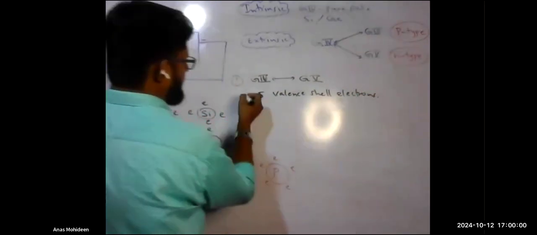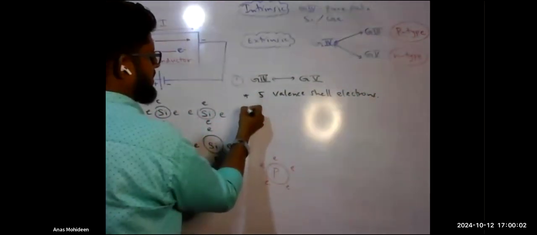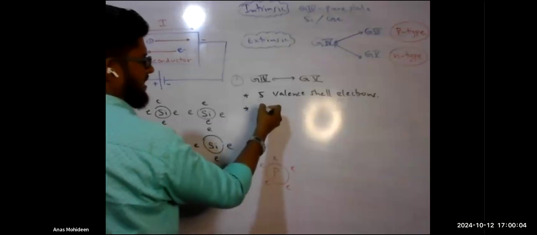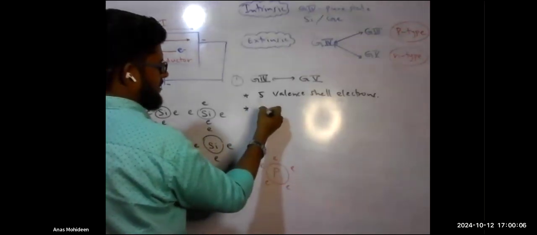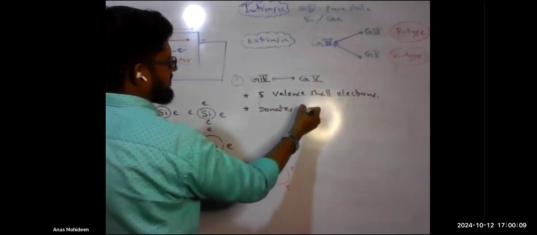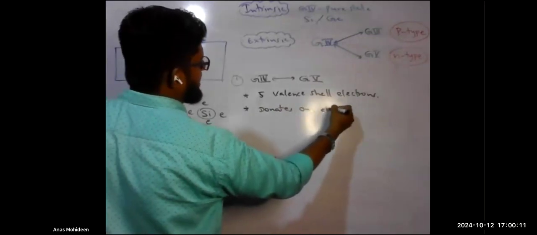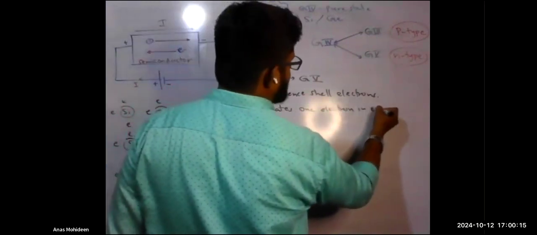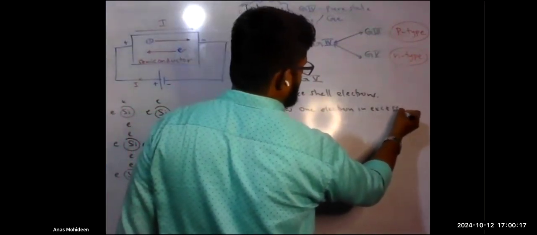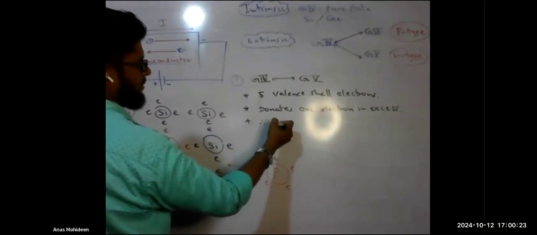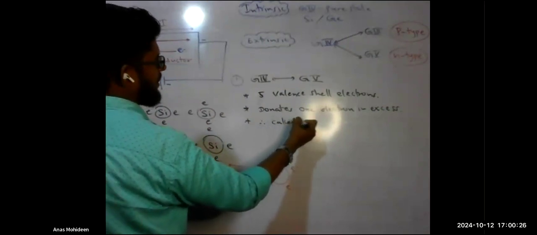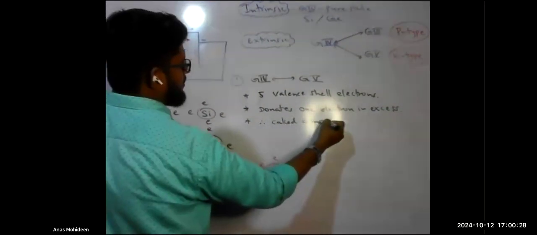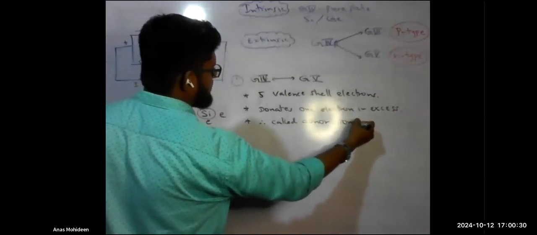Points to remember: donates 1 electron in excess, so they are called donor atoms.